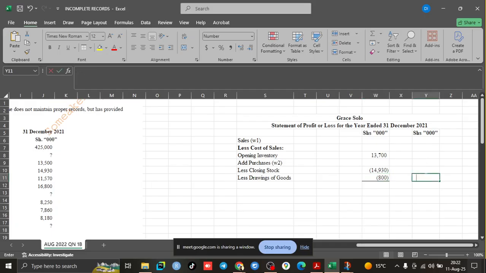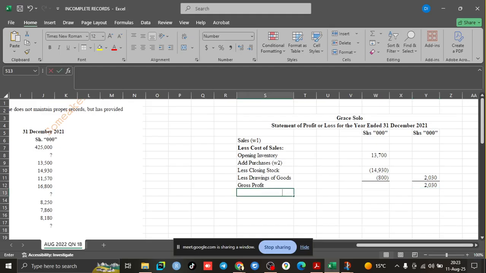So that should be the sum of hizo, then gross profit ikue hapo. So gross profit ikue this value here ni minus hii value.